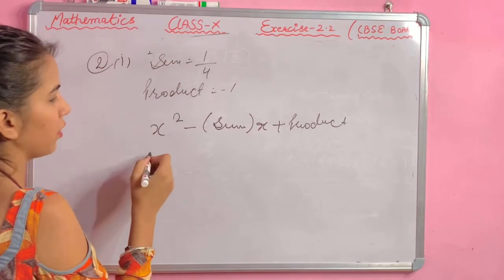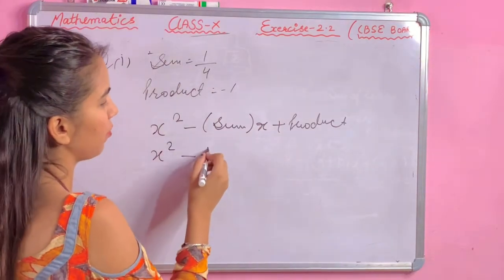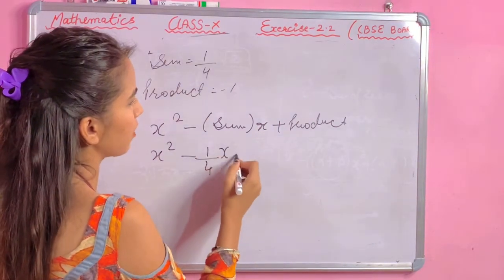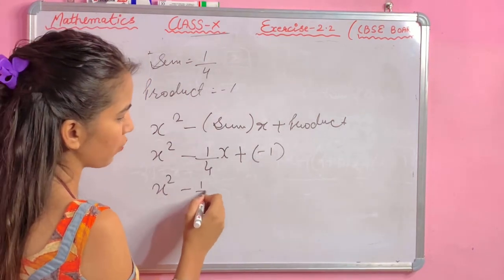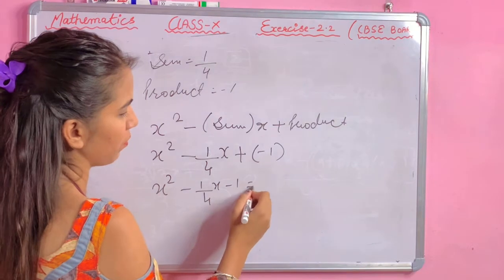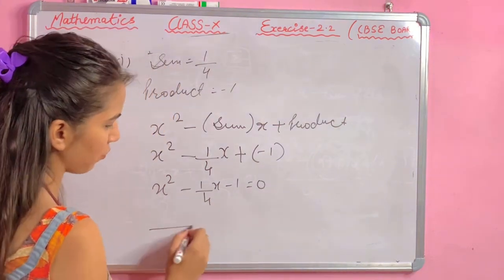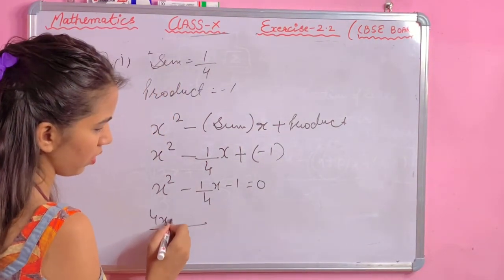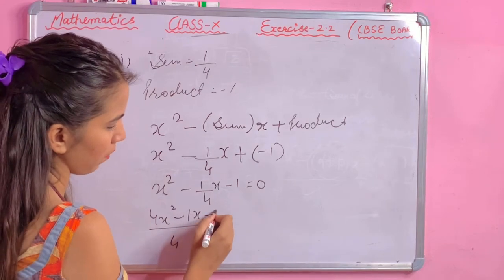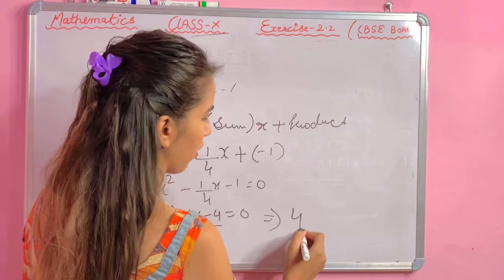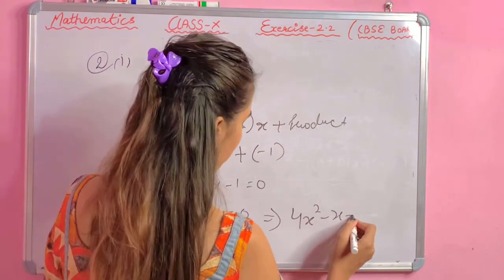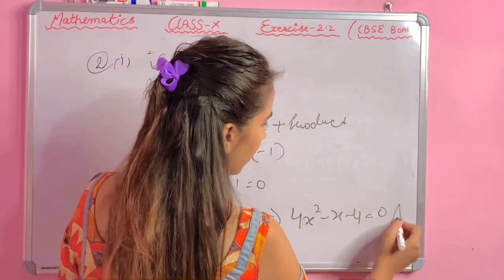Put the same here: x² − 1 by 4 x + (−1). After solving it, x² − 1 by 4 x − 1. By taking the LCM as 4, we get 4x² − x − 4 = 0 as the answer.